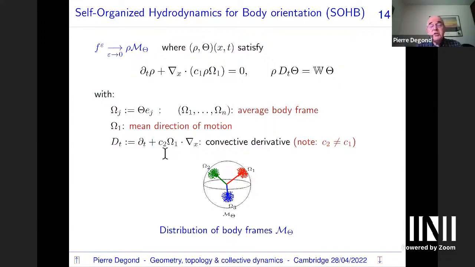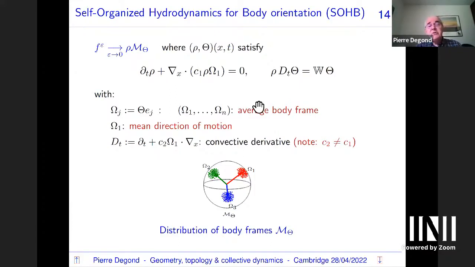Weighted by the coefficients, which actually surprisingly is not the same as C1. So there is a difference between the way theta is convected and the way the density is convected. So there is a mismatch between the two convection speeds, which is actually something that's already observed in models of traffic, for instance. So it's not very surprising, right?